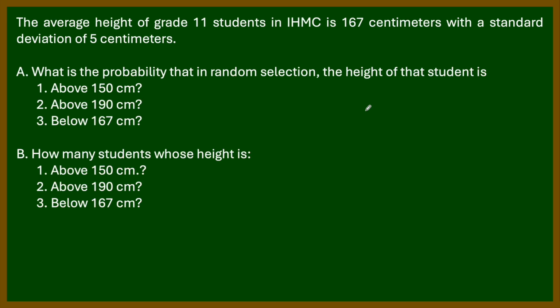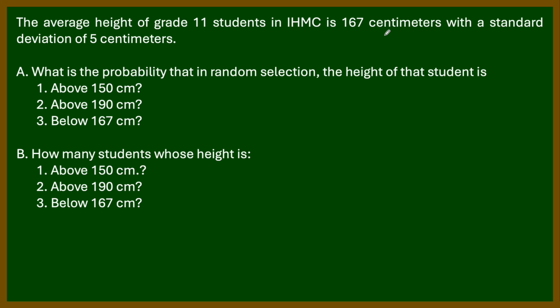The average height of grade 11 students in IHMC is 167 centimeters with a standard deviation of 5 centimeters. I believe that 167 centimeters is equivalent to those individuals whose heights are 5 feet and 6 inches.